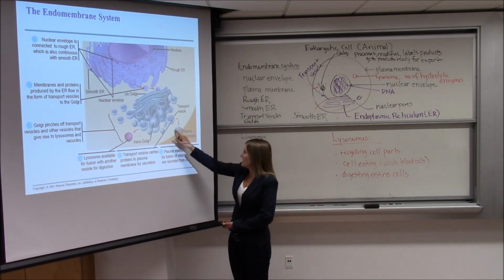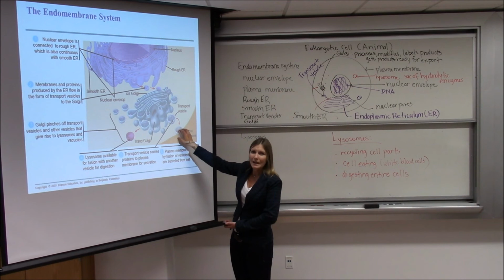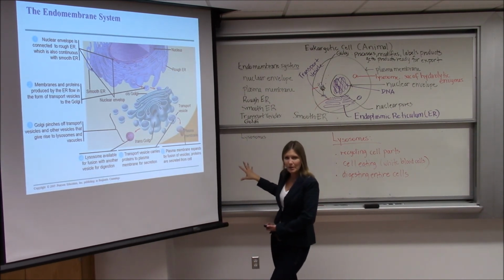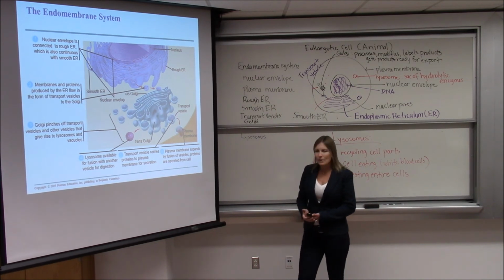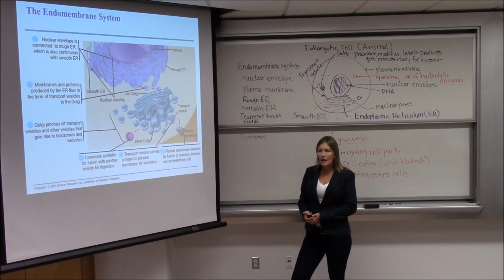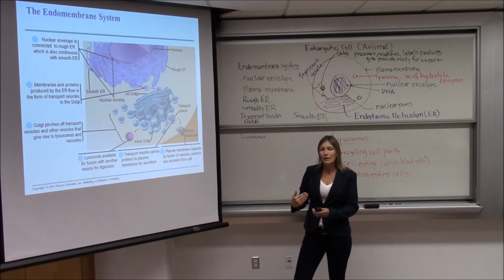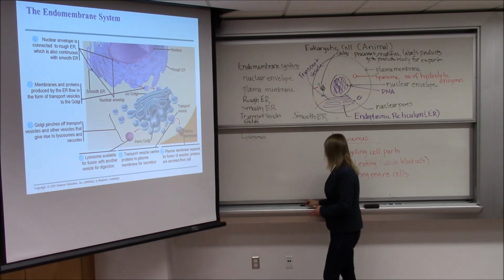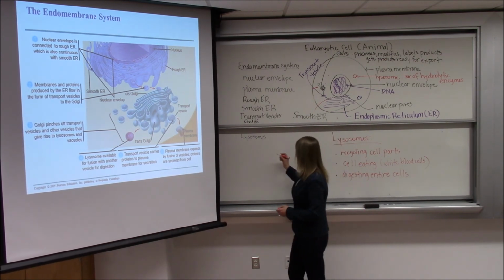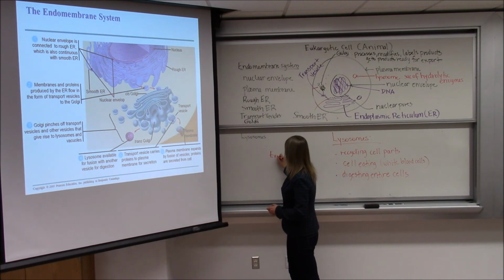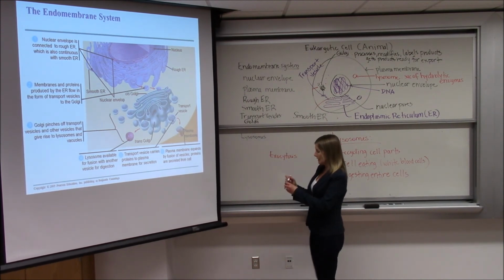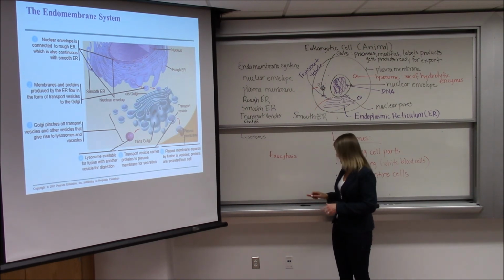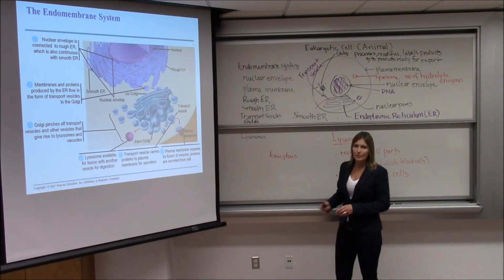So this transport vesicle can fuse with the plasma membrane, and now those products are released from the cell. That's called exocytosis, and we're going to talk about how things enter and leave the cell when we talk about the plasma membrane. So you'll see this term in more detail, but it's called exocytosis. This is materials wrapped in membrane leaving the cell. So this is a really handy setup.